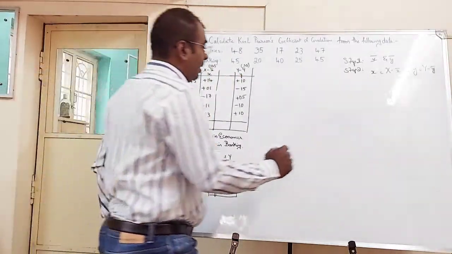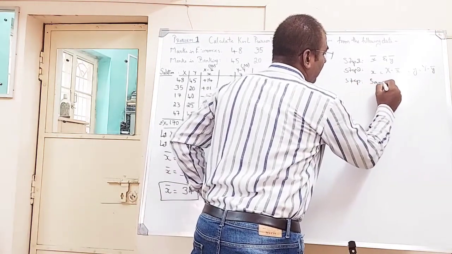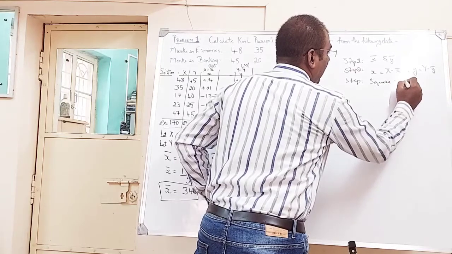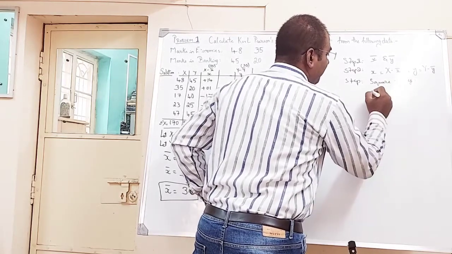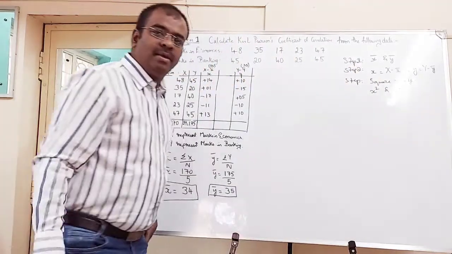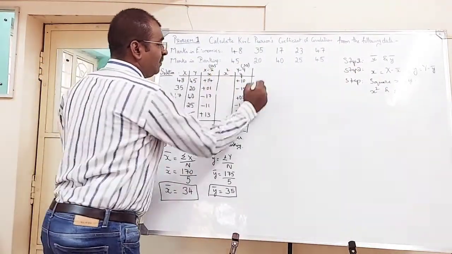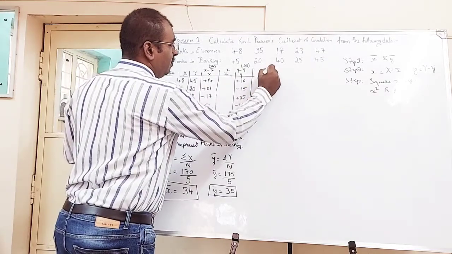Now coming to step number 3, we are going to square x and y, that is the deviations which we have taken, x square and y square.